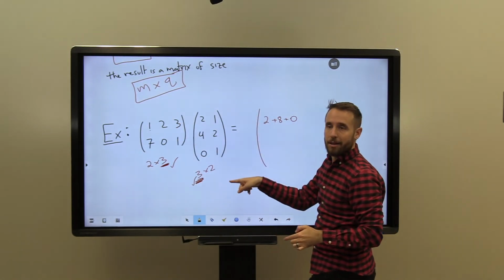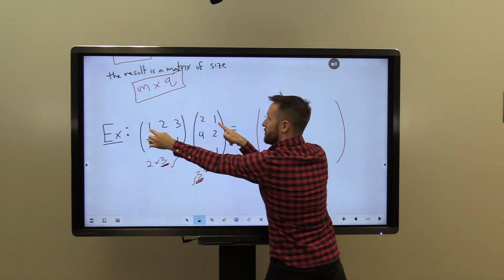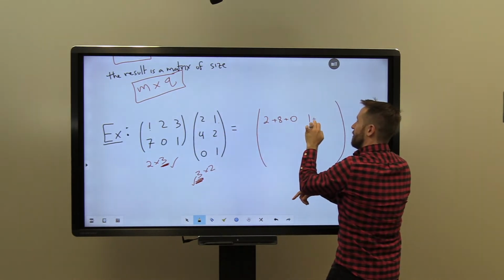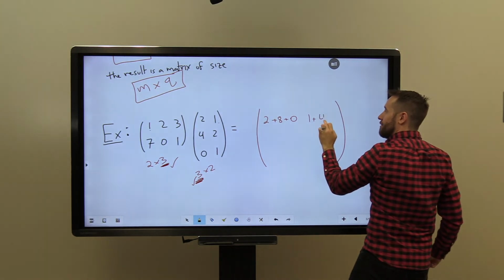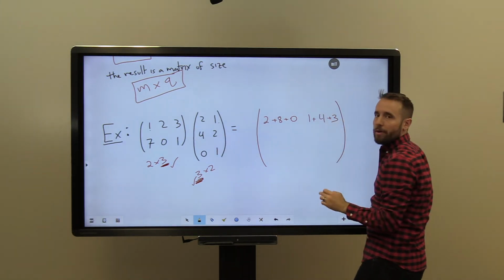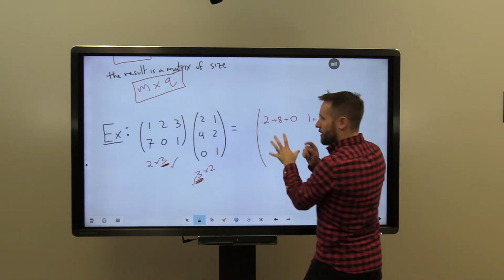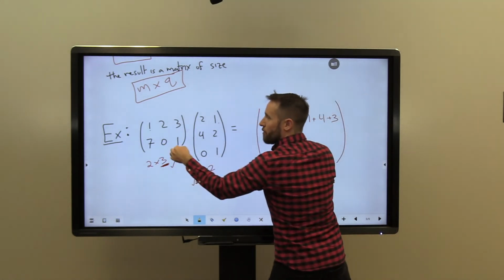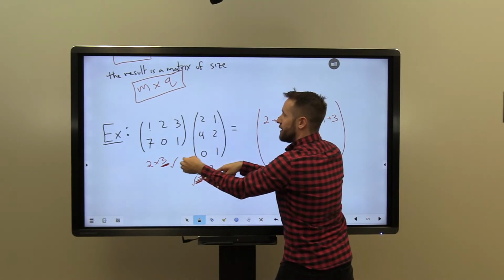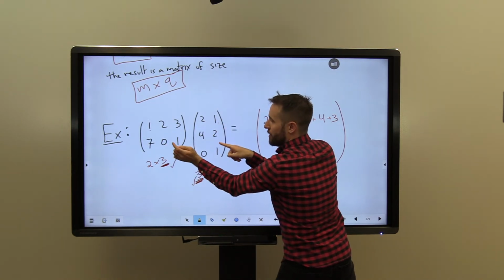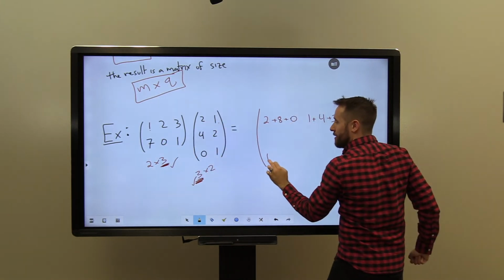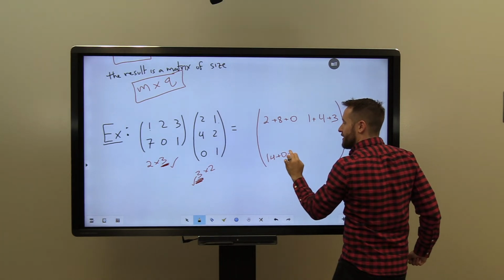So the upper right entry will be comprised of the dot product of the upper row and the rightmost column. So that's going to be 1 times 1 plus 2 times 2 plus 3 times 1, right, or 8. The lower left will be this lower row and this leftmost column. So lower left becomes 7 times 2 plus 4 times 0 plus 1 times 0. So that's 14 plus 0 plus 0.